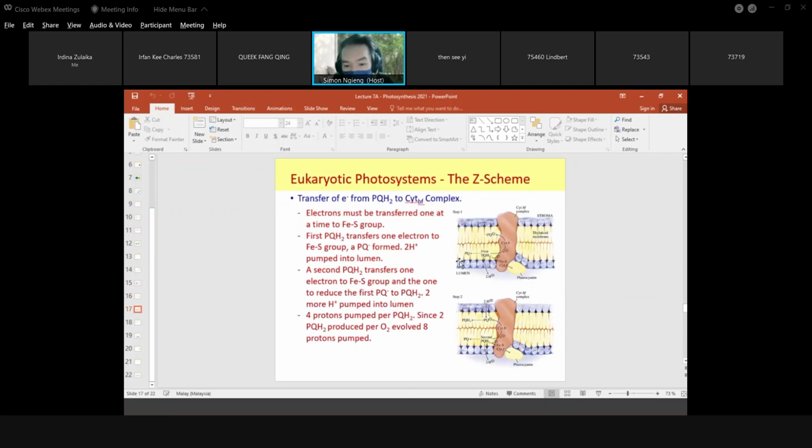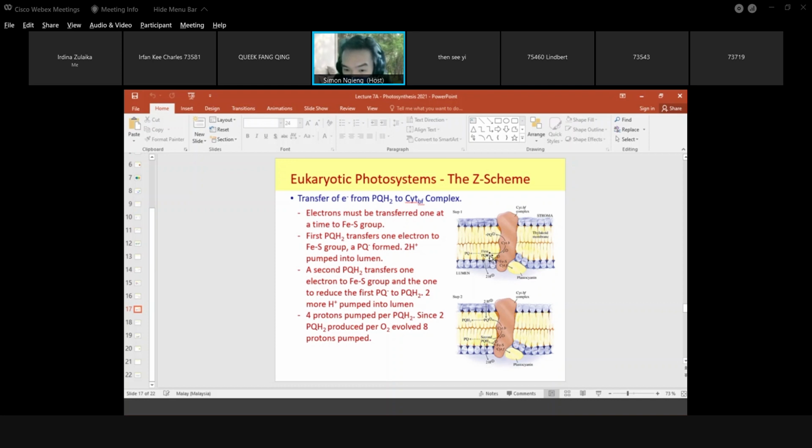So from your PQH2, it can carry and then pass through here, and the process actually leads to the accumulation of 8 protons. If you go through this diagram, you will see that first you have your PQH2, your plastoquinol here, which carries the 2 hydrogen and 2 electrons.